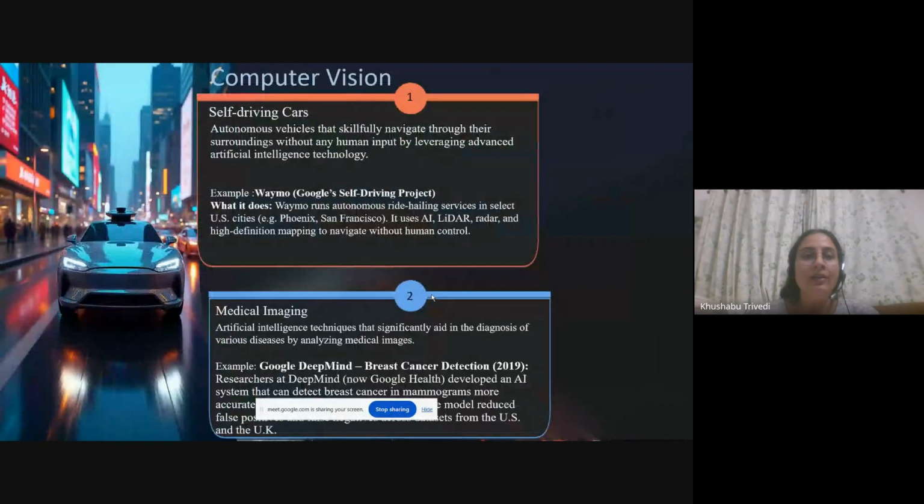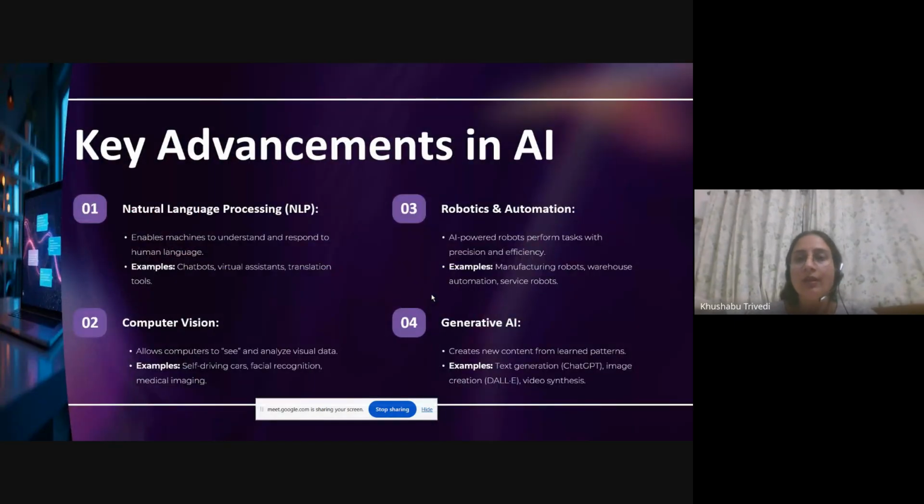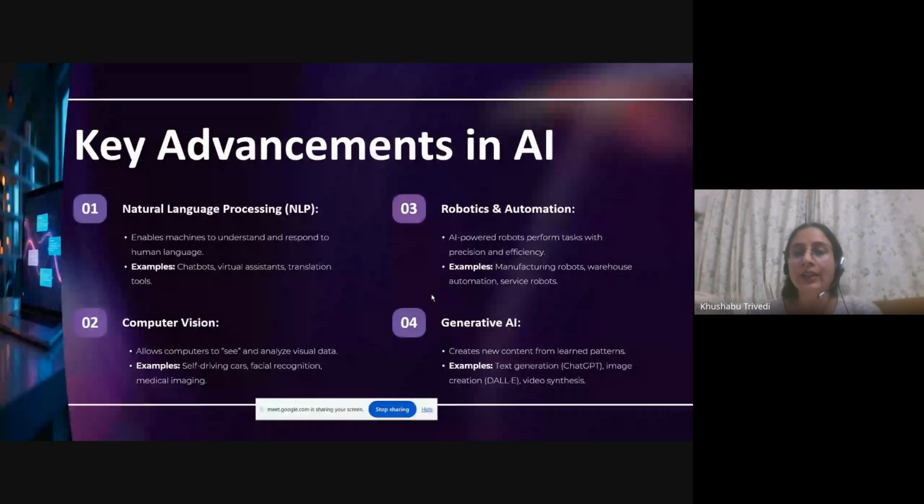The second is robotics and automation, in which robots perform tasks with precision and efficiency. For example, manufacturing robots, warehouse automation, and service robots.